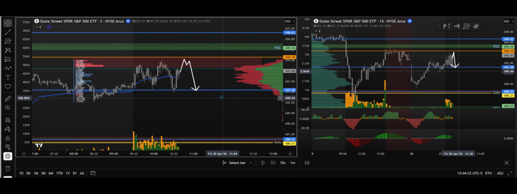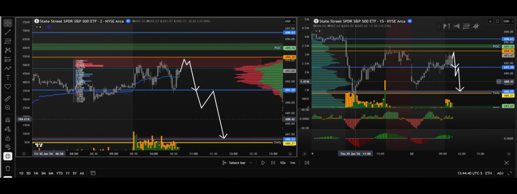And if it does break down through this and hold under this long-term low volume node, maybe retest it would be ideal, and sellers come back into the market, we can start thinking about a greater move down to primarily the point of control of that whole range right there. And if that breaks, the low volume node below that.